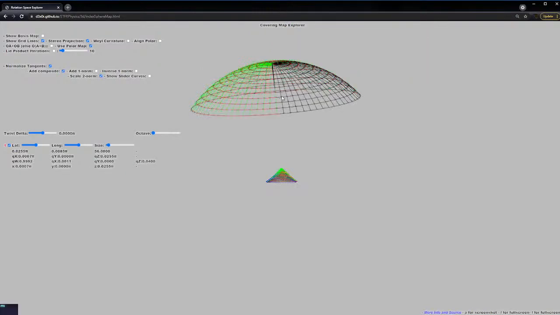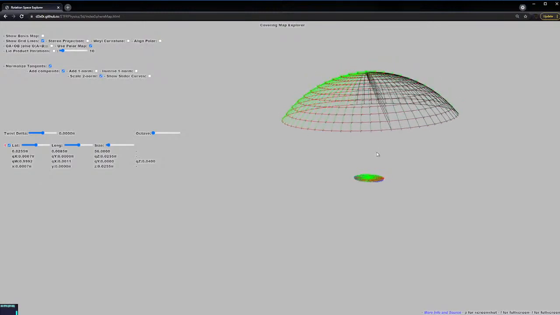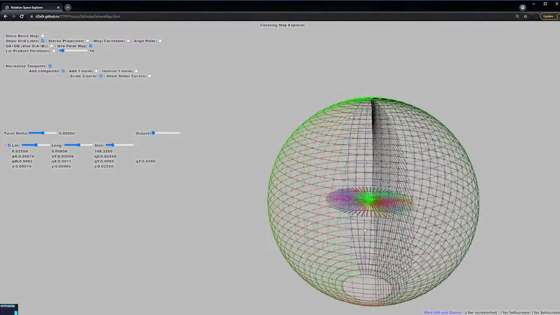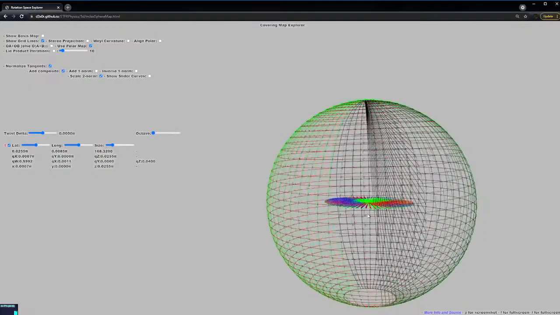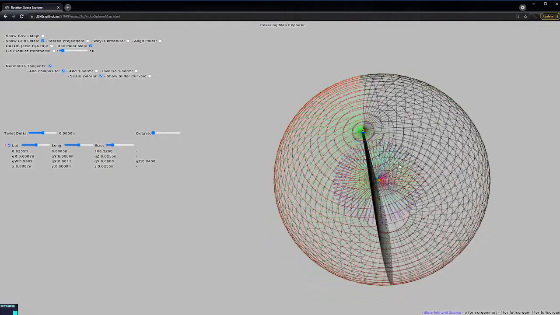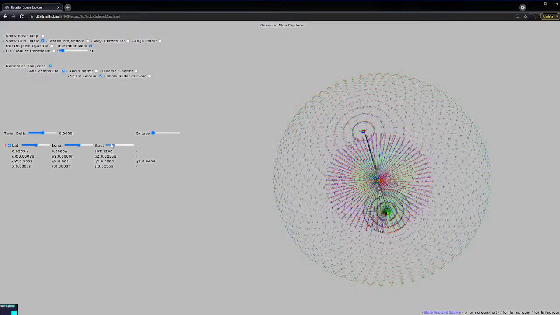Anyways, the original point of this was there's these various projection maps. As a polar graph, it starts in the center at 0, 0, 0 and goes out to pi. This is 180 degrees.